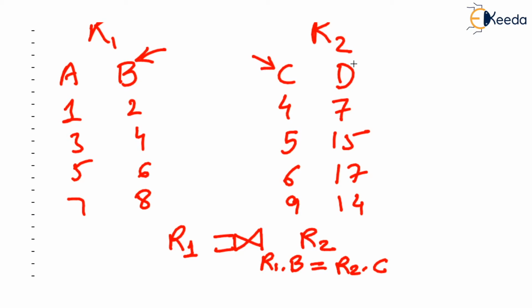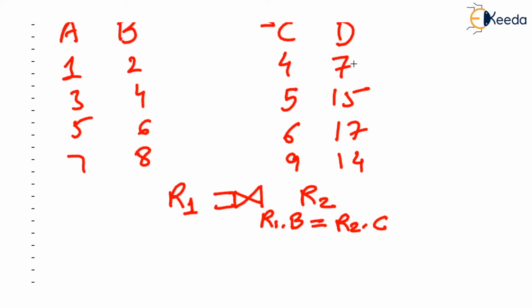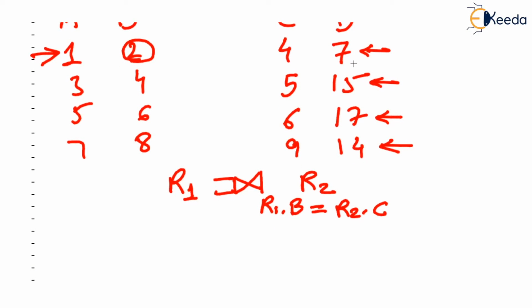So what will happen in that case? If you see this 1, 2 here, it will be joined with all the 4 rows of R2. And then it will see which of these results have B matching C, but there is none. We don't find any matching over here. What will happen in the inner join? Coming back to inner join, this 1, 2 won't be listed at all. But now we are talking about left outer join.